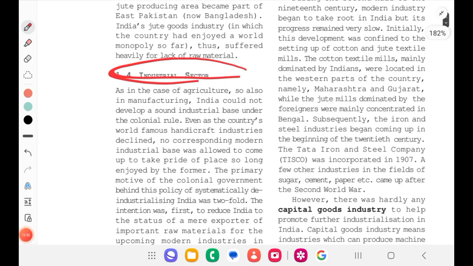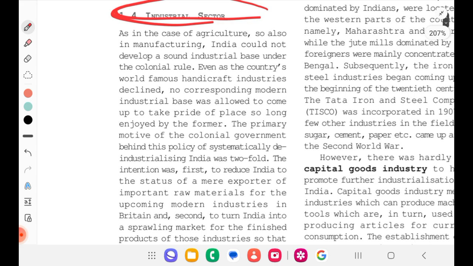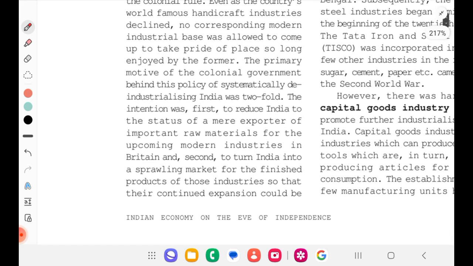As in the case of agriculture, so also in manufacturing, India could not develop a sound industrial base under the colonial rule, even as the country's world-famous handicraft industry declined. No corresponding modern industrial base was allowed to come up to take the pride of place so long enjoyed by the former. The primary motive of the colonial government behind this policy of systematically deindustrializing India was twofold.